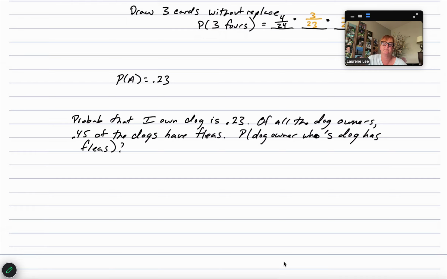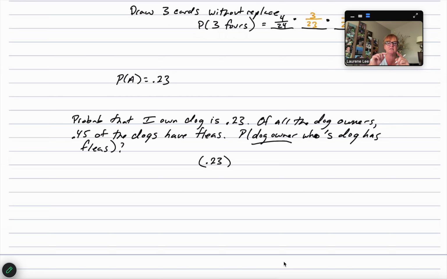Okay. So this is, again, another implied "and" problem. It's a dog owner and the dog has fleas. This is going to be a multiplication problem, but I've already built all the fractions for you. So all you have to do is take the decimals. So I want a probability of getting a dog owner, so 0.23. And then of those dog owners, 45% have fleas.